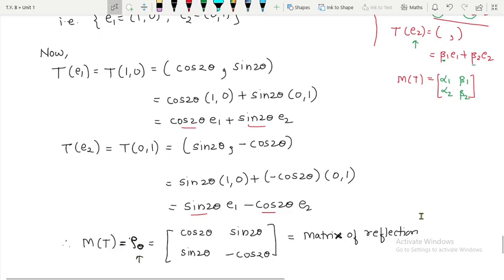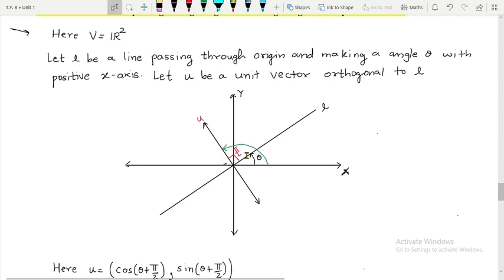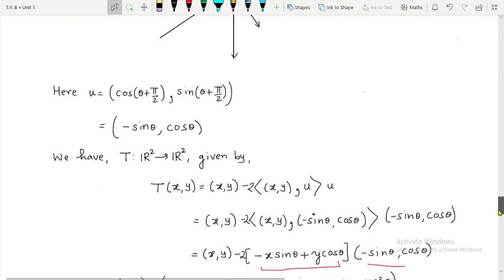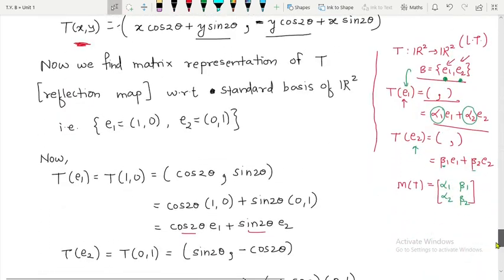Theta. Just note, because this line is making an angle theta with the positive x-axis. While we discuss the examples, this idea will be more clear.